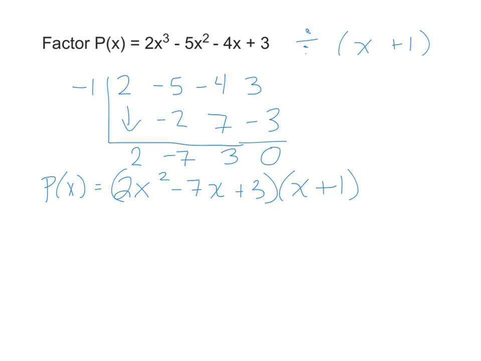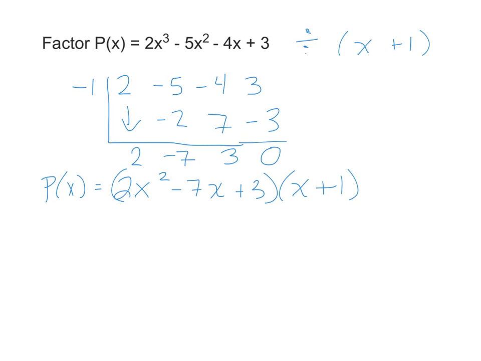Is it fully factored? No? Probably not. But how do we factor now? We have two choices, right? We could take that new polynomial, the 2x squared minus 7x plus 3, look at the potential zeros, use the factor theorem, and divide. But because it's a quadratic, we don't have to do that whole process.